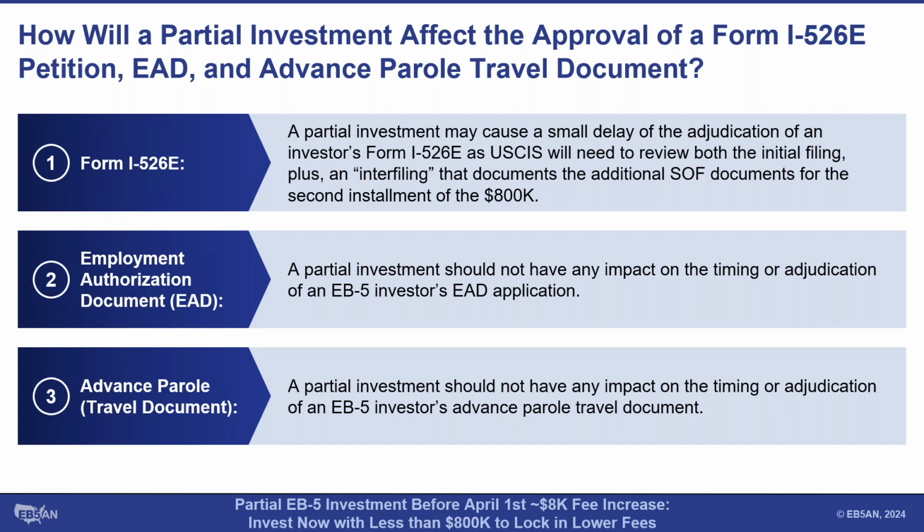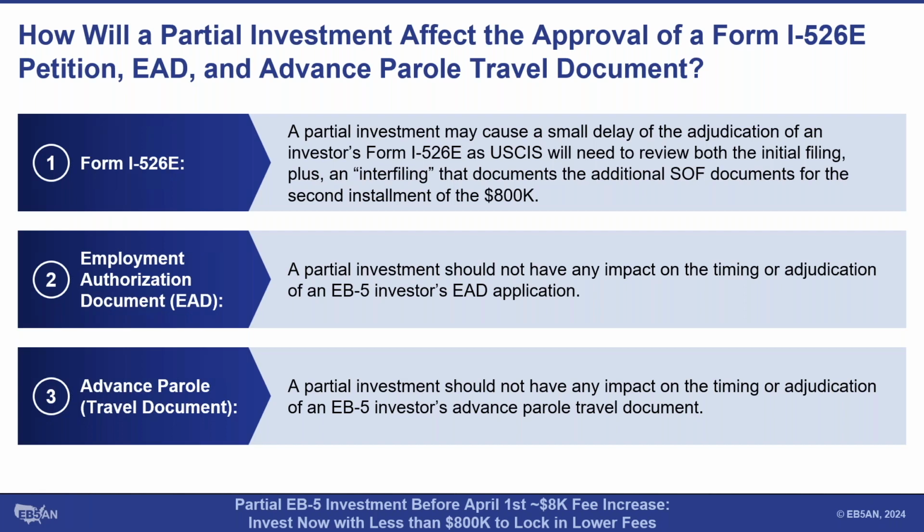We also, when we prepare an application, explain where the second portion of the funding will come from. We may or may not submit evidence to show where that money is at the time of filing the initial application. It's really a case-by-case determination.